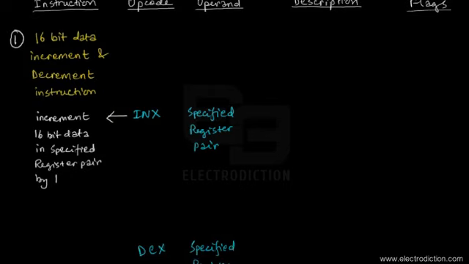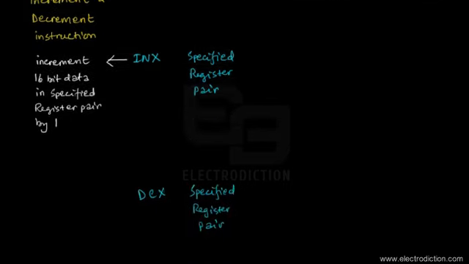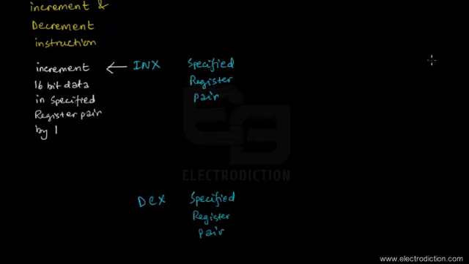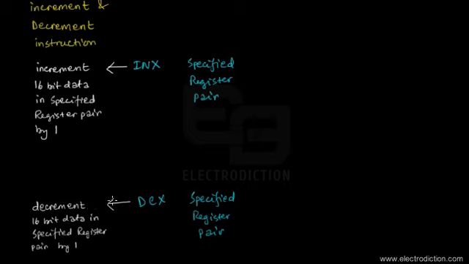Similarly, the DCX instruction does the opposite: it decreases the 16-bit data contained in the specified register pair by 1.